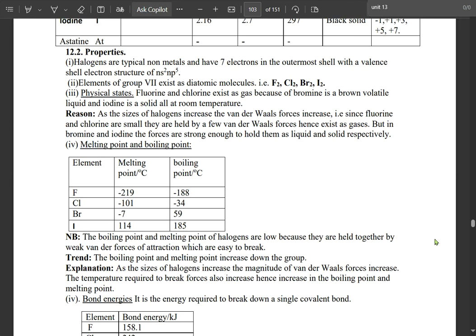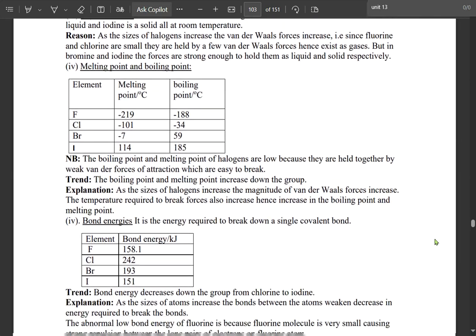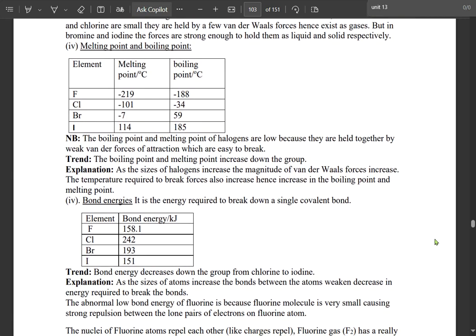Now on bond energies: it is the energy required to break a single covalent bond. Here we have different elements and their bond energies. Bond energy is a bit like ionization energy, or how can I describe this?